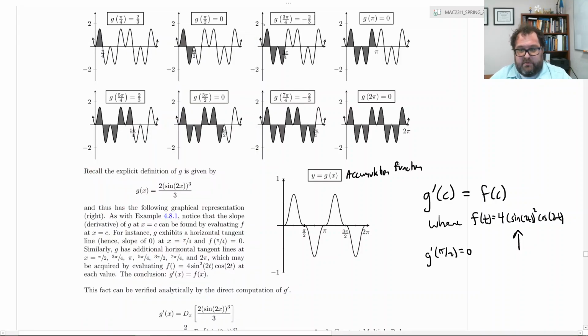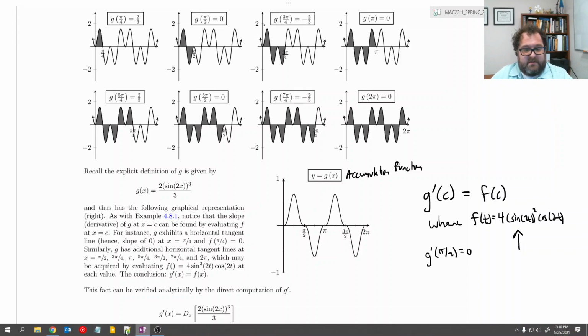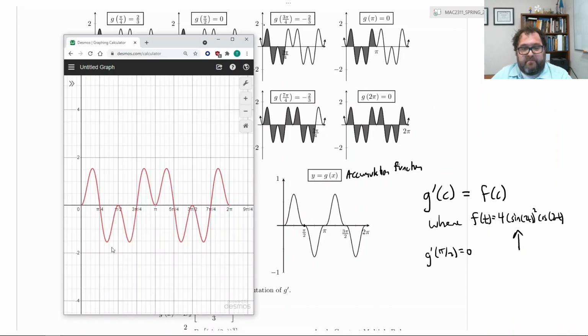Oh, I lost Desmos. Where'd you go, Desmos? There you go. So notice the slope right here at pi over 4, it should be 0 because that's a relative maximum. Notice the y value of 0 on the original function, f of t. If you want, say, the slope at pi, notice pi has a horizontal tangent line on the accumulation function.